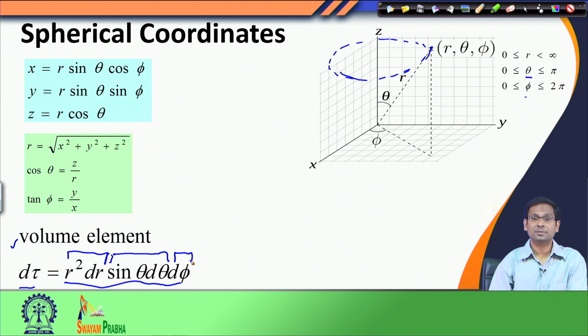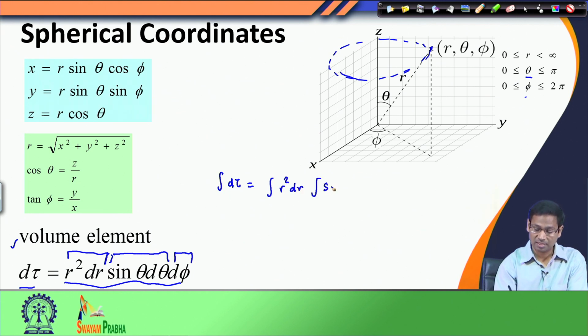We would now try to integrate this volume element over all space. So, I know that I have 3 different integrals to take care of. I have r square dr, the second one is sin theta d theta, and the third one is d phi.